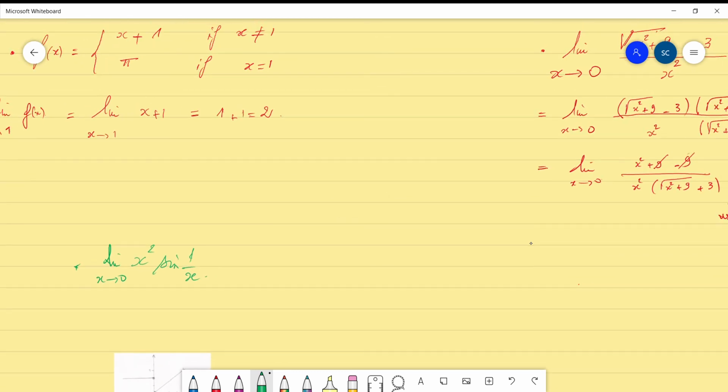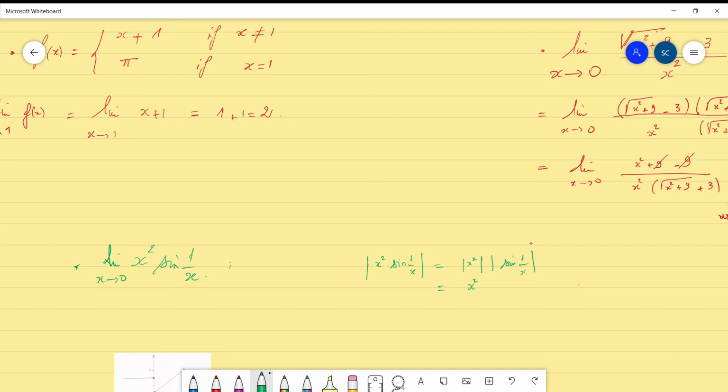Okay, so I will take the absolute value of x squared sine of 1 over x. You will see what I'm going to do. I know the properties of the absolute value. It's the product of the two absolute values. The absolute value of the positive number x squared is always positive, so it will be x squared.